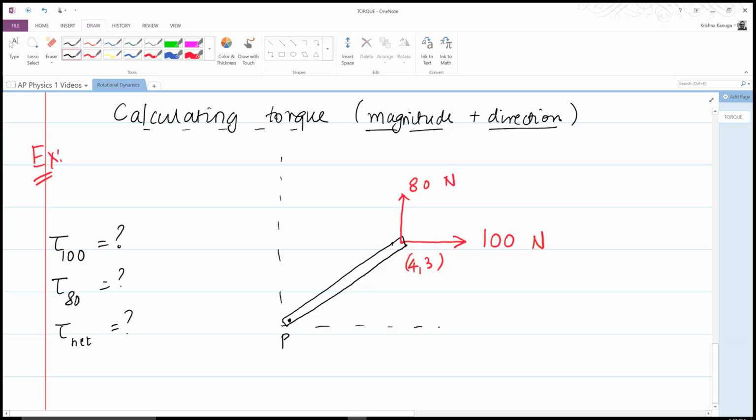Just to make sure we understand this whole directional business, think of it very simply on the plane. If a force produces a counterclockwise rotation, then the direction of the torque would be positive. On the other hand, if a force produces a clockwise rotation, then we would associate a negative sign with the torque.